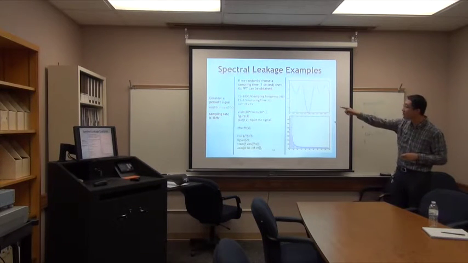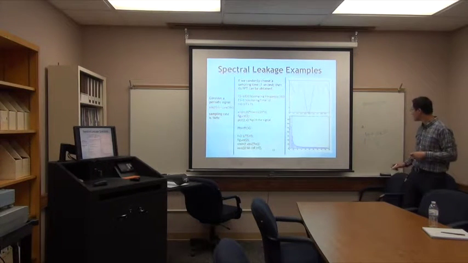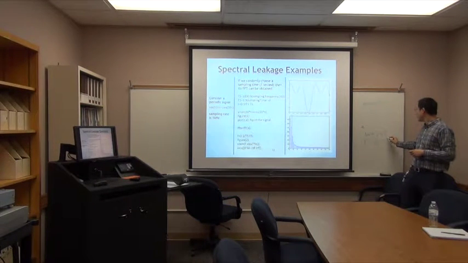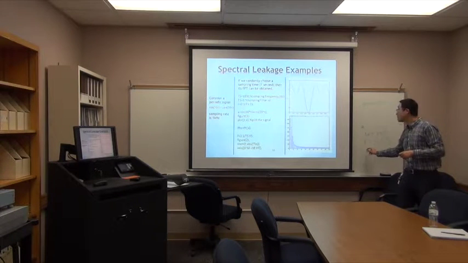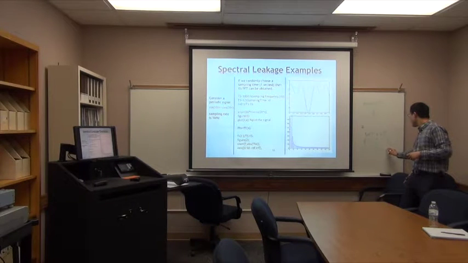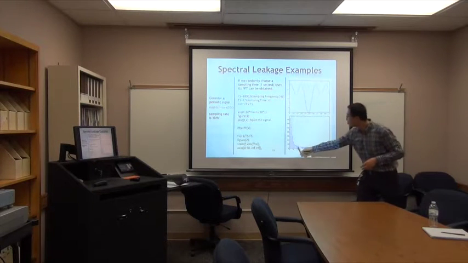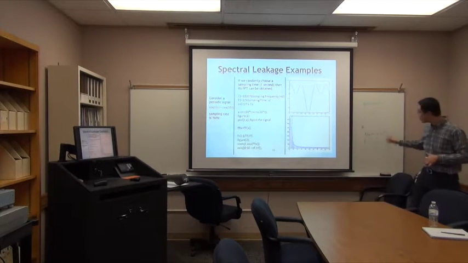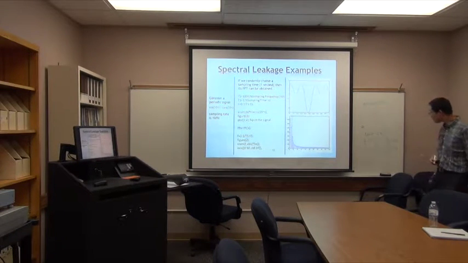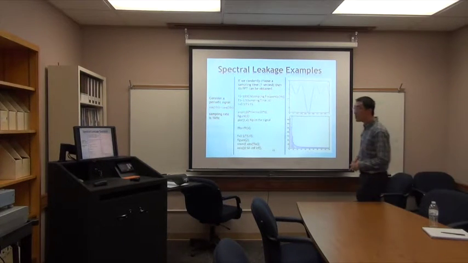So the frequency of sin 10t is 10 divided by 2 pi, which is 5 divided by pi. Our second signal frequency is 20 divided by 2 pi, which is 10 divided by pi. So we should have two different peaks, clean peaks, at those two frequencies. This unit is hertz. But due to spectral leakage, we're not getting it.